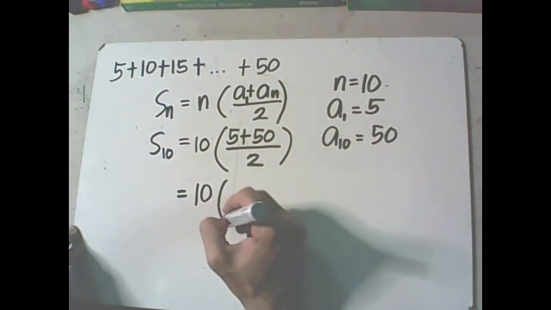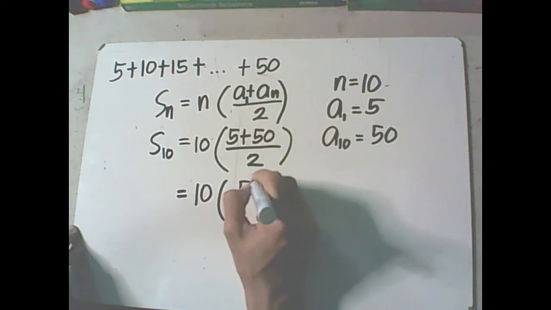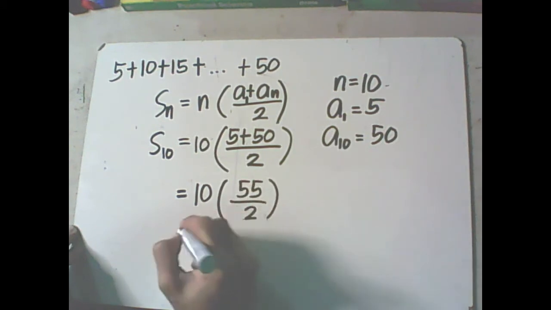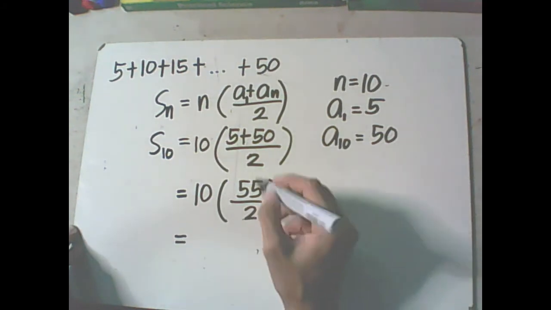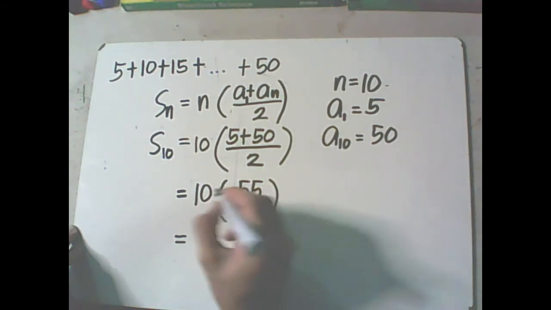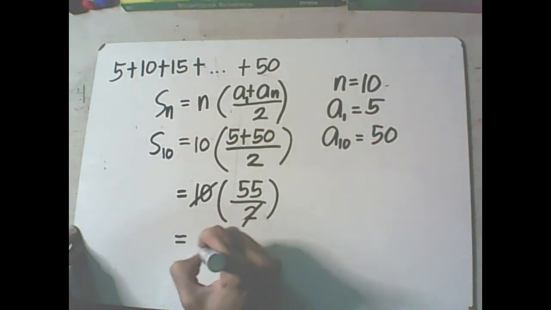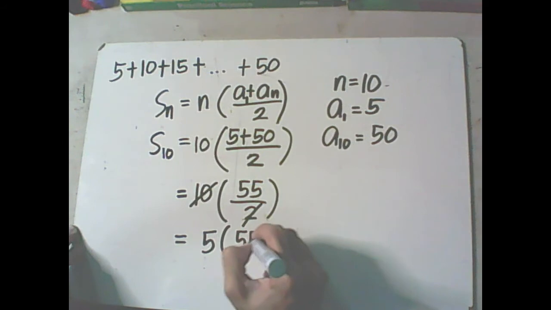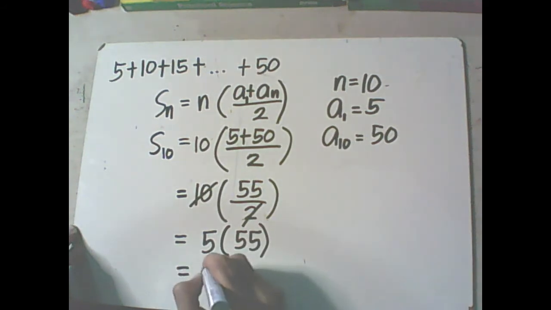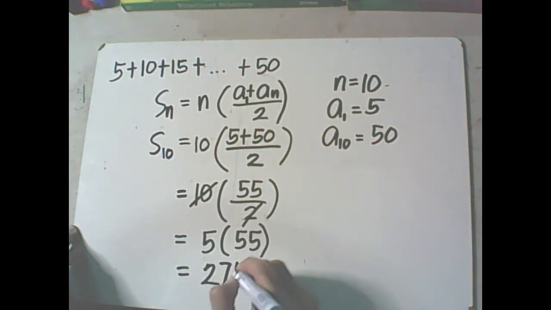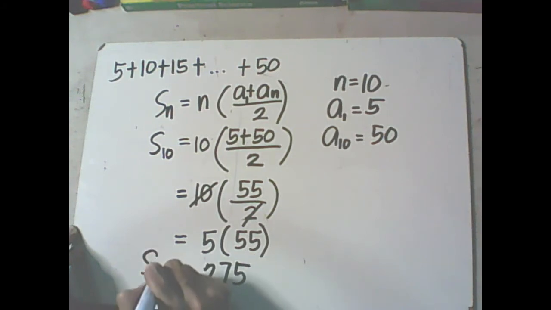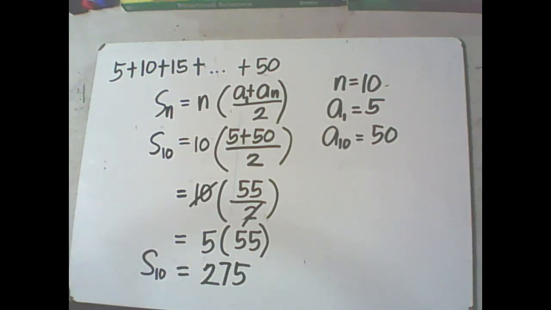Simplifying this, we have 55 all over 2. But since 55 is not divisible by 2, but 10 is, 10 divided by 2 is 5, times 55 is again equal to 275. Therefore, the sum of the first 10 multiples of 5 is 275.